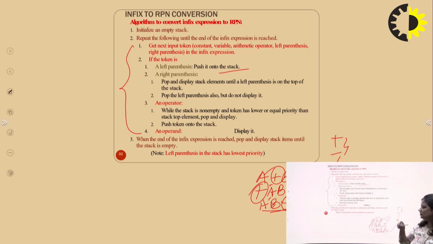Addition and subtraction are at the same priority, multiplication and division are at the same priority, and exponentiation has higher priority. So depending upon the lower or equal priority, we pop and display. Now push the token onto the stack.